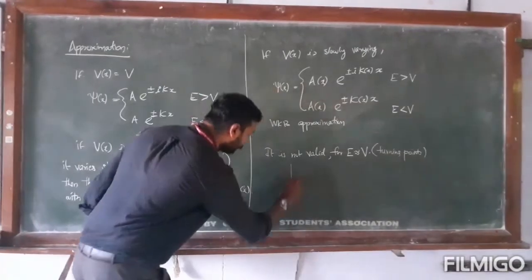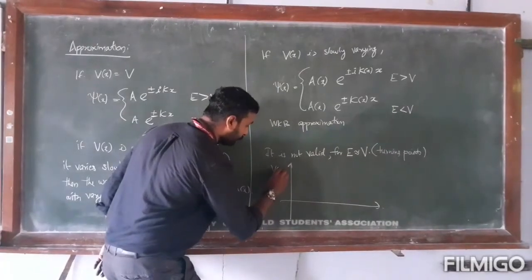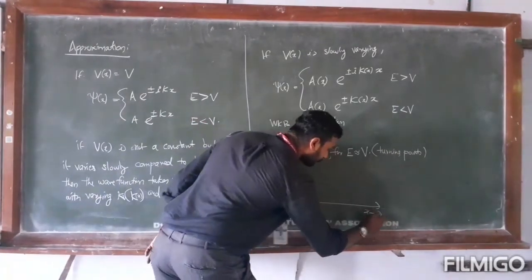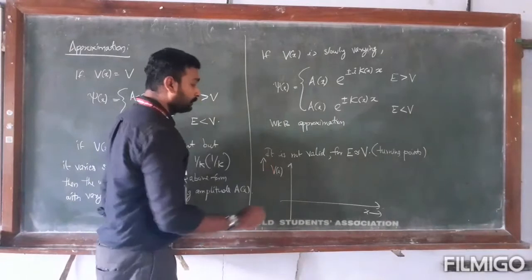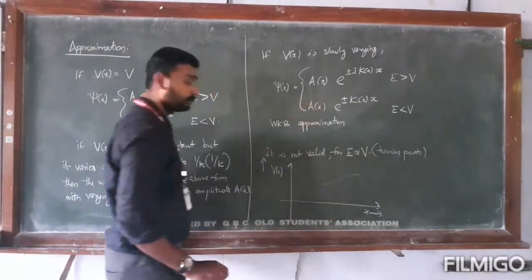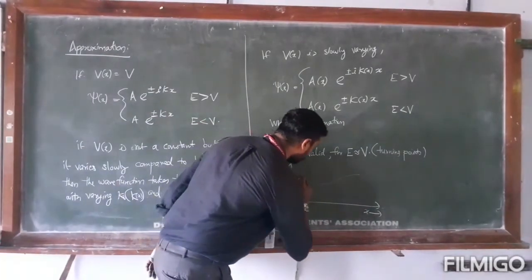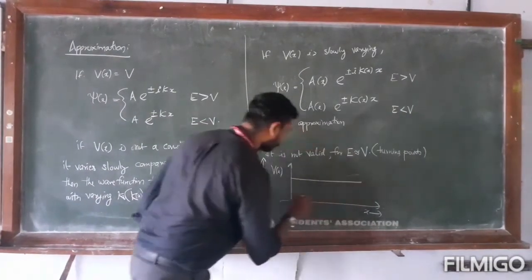Consider a graph of the potential V of x versus x, and suppose V of x is a slowly varying function. And suppose the total energy is this.